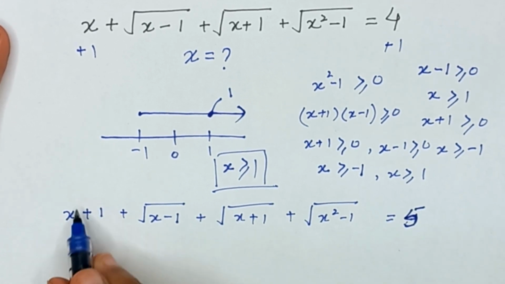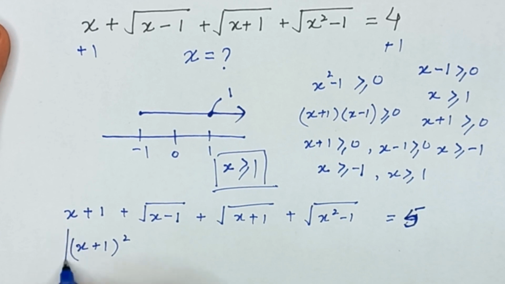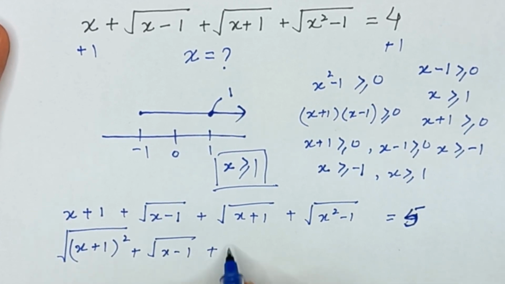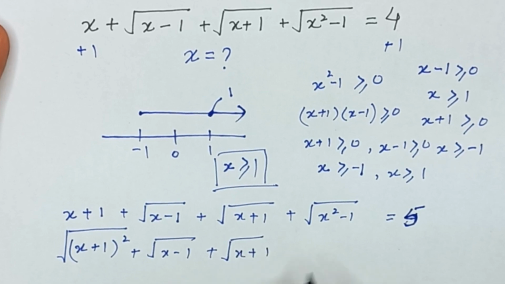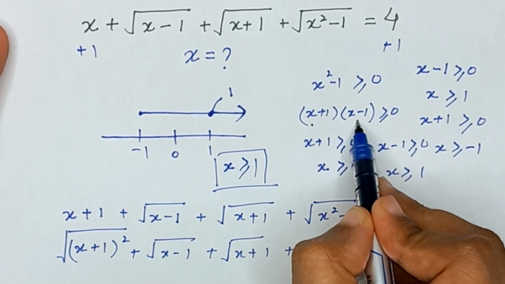So here we have x plus 1. So x plus 1 is the same as square root of x plus 1 squared, plus square root of x minus 1 plus square root of x plus 1 plus square root of x square minus 1, which is the same as x plus 1 times x minus 1.